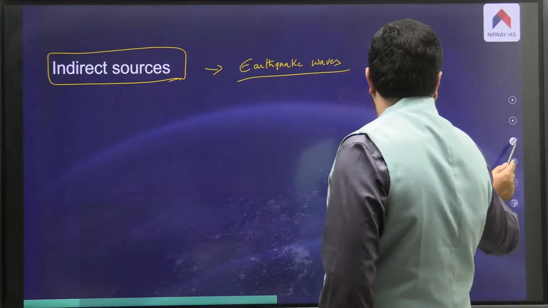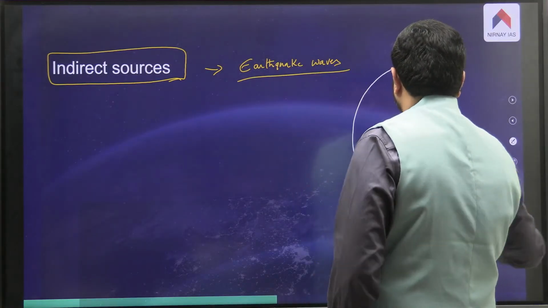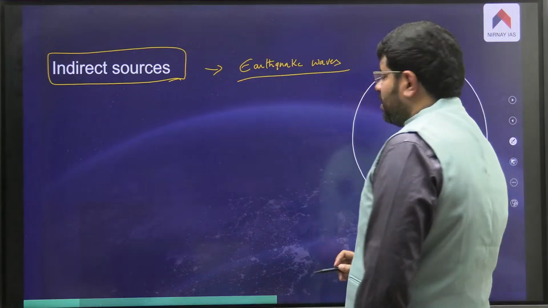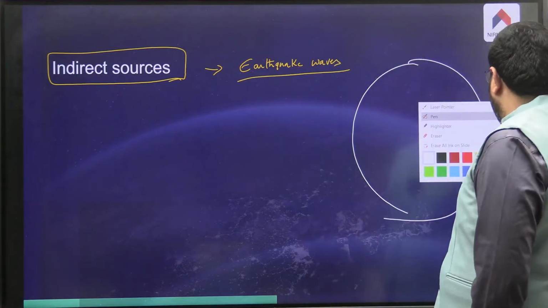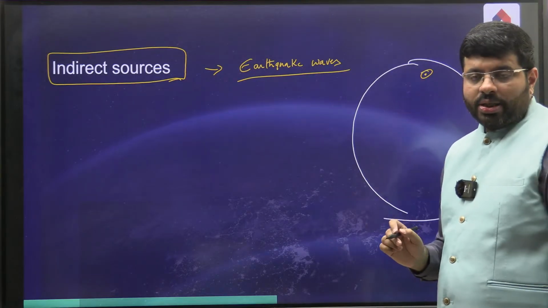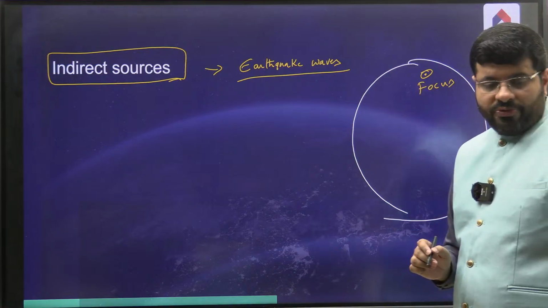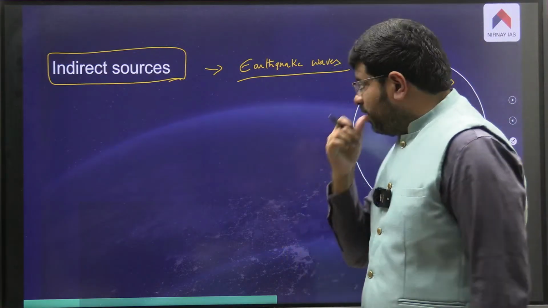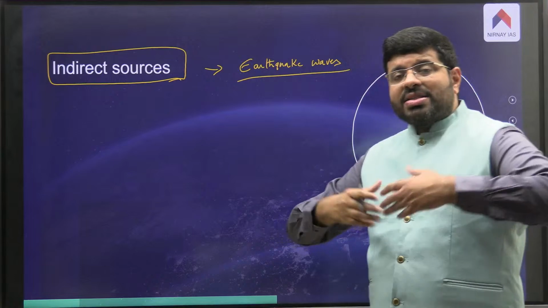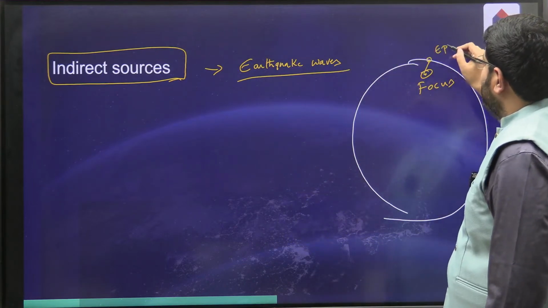Say, if this is the earth's interior, and an earthquake has occurred here, the point where the earthquake occurs is what we call the focus. From the focus, the point which the energy waves reach for the first time on the surface is what we call the epicenter.